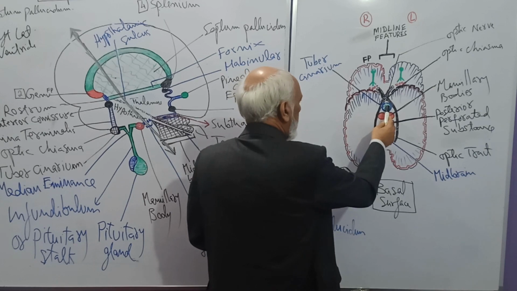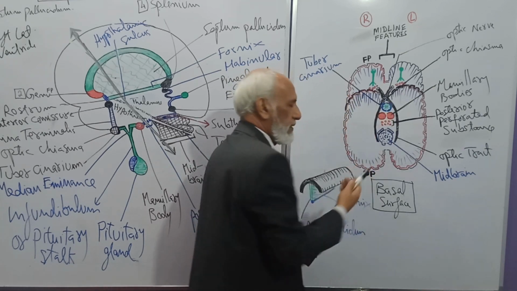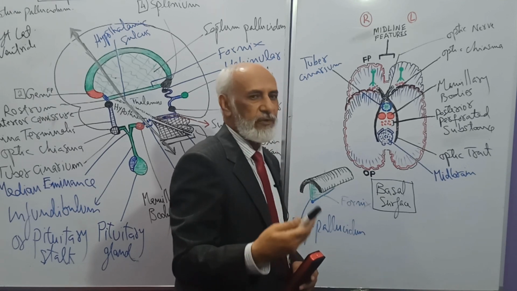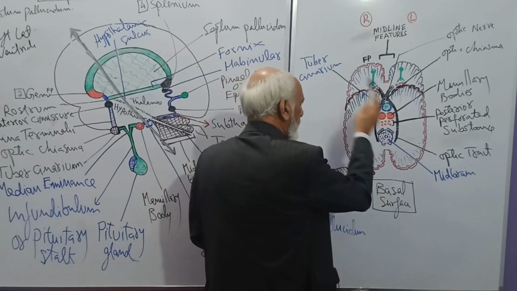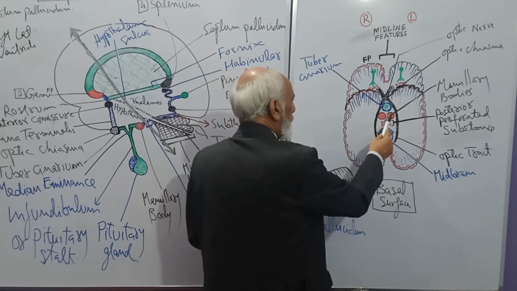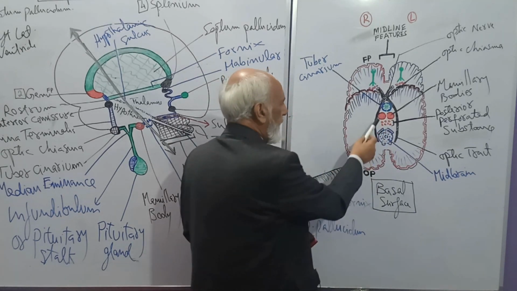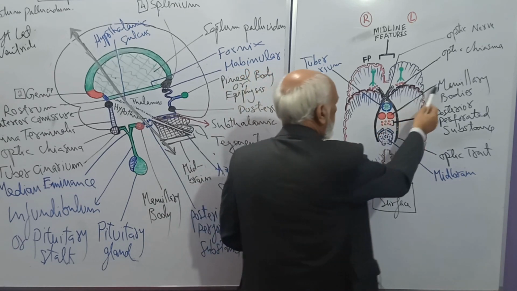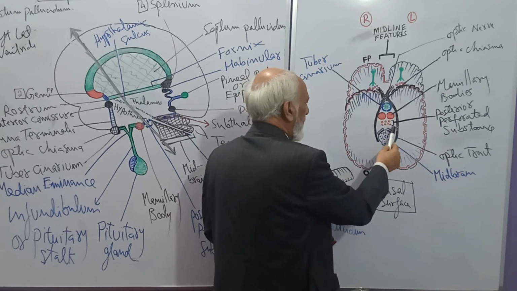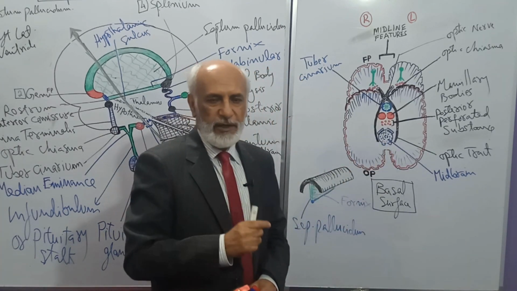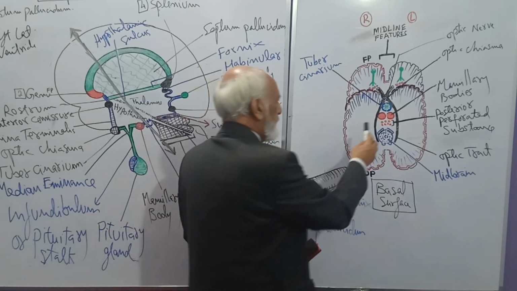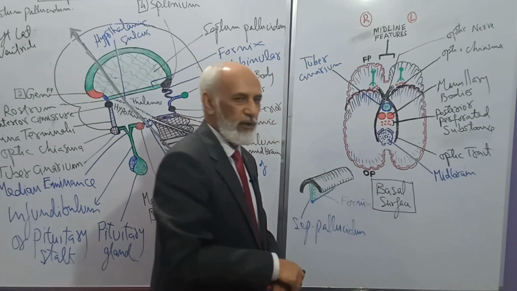Now, in this diagram the pituitary gland is removed, so you can see the tuber cinereum. Behind the tuber cinereum, there are two rounded bodies, one right, one left, known as the mammillary bodies. Still behind the mammillary bodies, the brain tissue is perforated for the entrance of central branches of the cerebral artery. This is known as the posterior perforated substance.